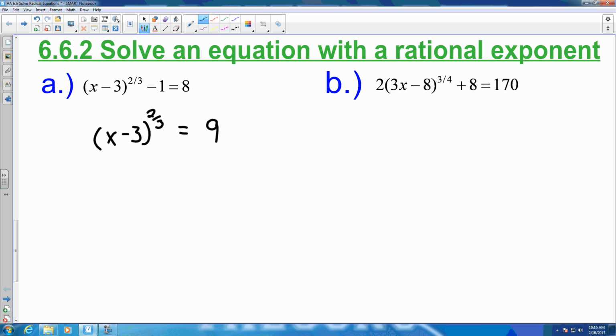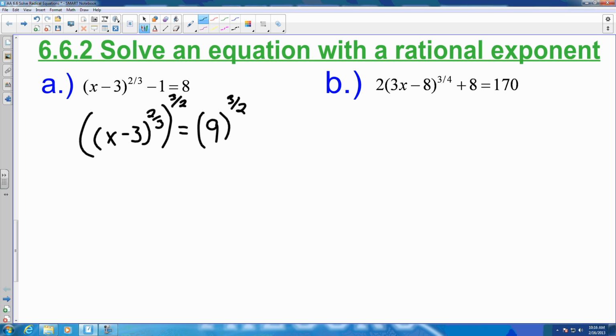So what I want to do is get that exponent to be 1. So using the power of powers rule, I'm going to raise it to the reciprocal of that exponent. So I'm going to raise the left side to the 3/2 power, and I'm going to do it to the right-hand side. Because using the power rule, you multiply the exponents.